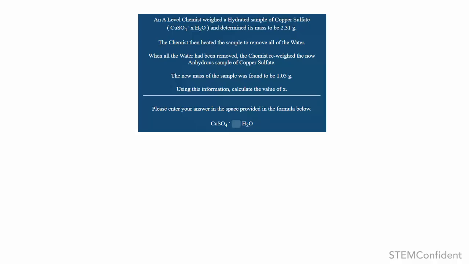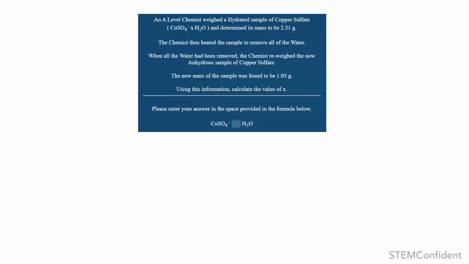Okay, so in this particular question, we're dealing with copper sulfate, which we've been told that the hydrated copper sulfate has got a mass of 2.31 grams, and once the water is removed, the new sample mass was 1.05 grams, and we need to find out the value of x, right?